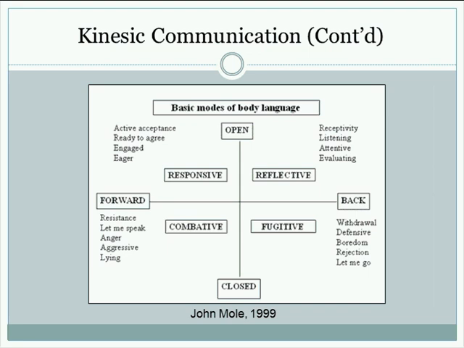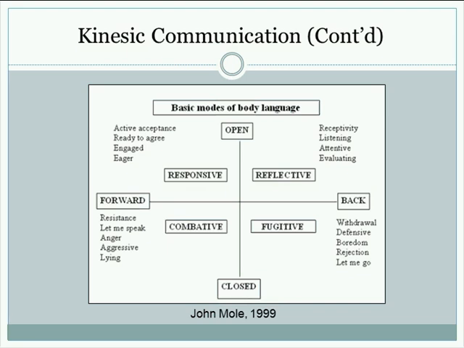If we take a look at this chart, leaning forward and backward is plotted on the x-axis, left and right, and the open and closed arms and legs positioning is plotted on the y-axis, up and down. And he's formulated 4 basic modes, as he calls them: responsive, reflective, combative, and fugitive.